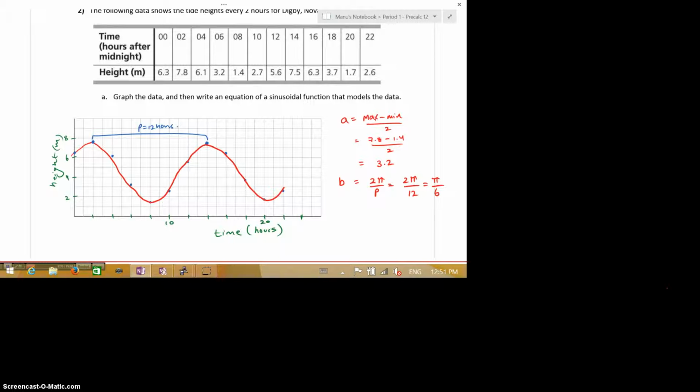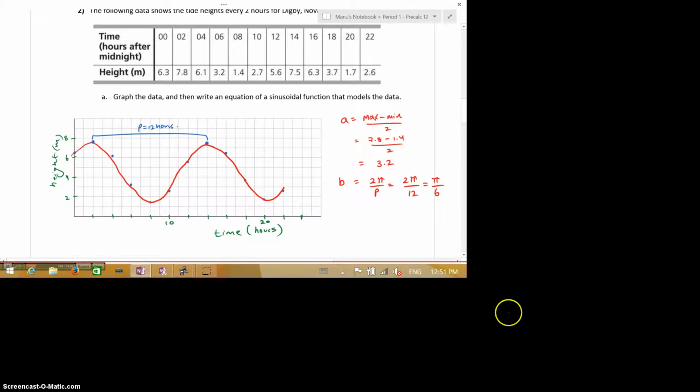Go to Crescent Beach really early in the morning, 6 o'clock, 7. You'll see how far the water is down towards the ocean. Just stand there for half an hour, you'll see the water just rising. Tide going high. And then come back in the afternoon, it'll be really high tide. Go back in the evening, around the same time as in the morning, it'll be low tide again. Water will be further back out again. It's very interesting how that pattern behaves even in real life, sinusoidal. Tide pattern. So we've got the b value.